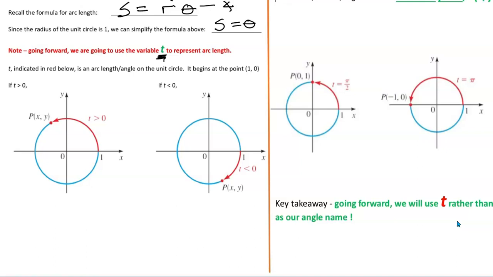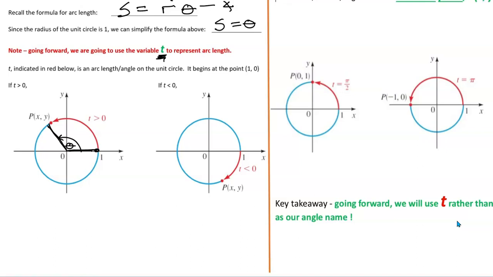Okay, so let's look at the first drawing. It says t indicated in the red below is the arc length and also the angle on the unit circle. So this angle began to open here and then it ended here. All right, so this is the angle that opened. So this is your angle.